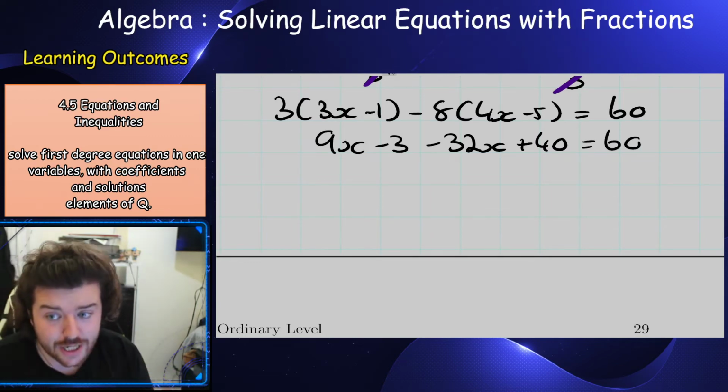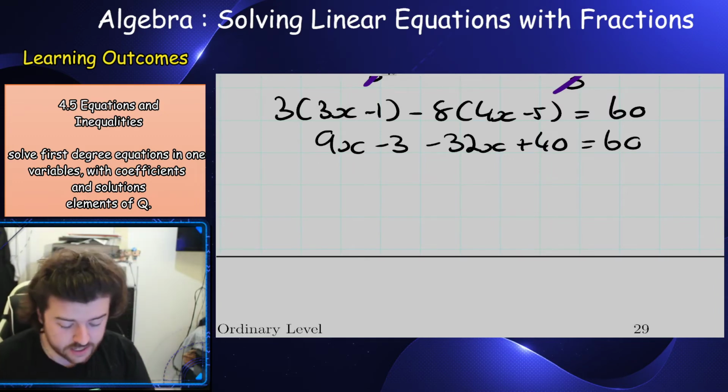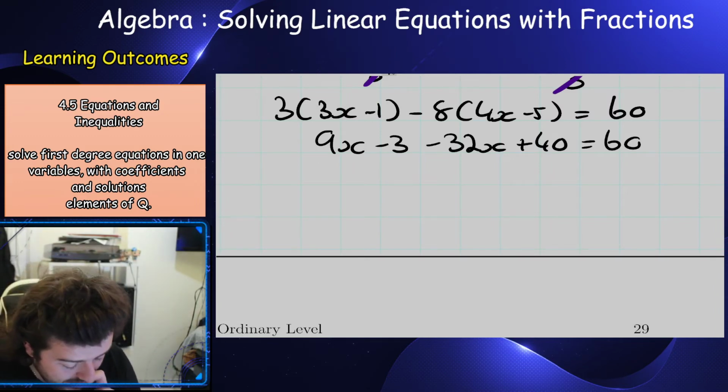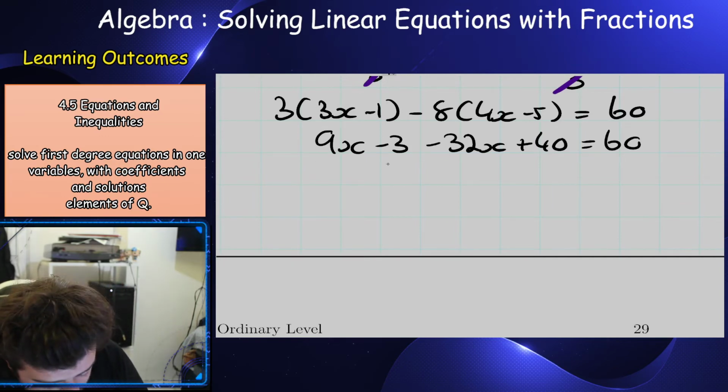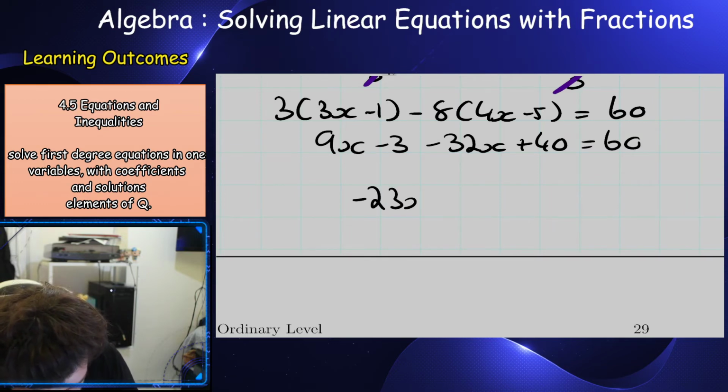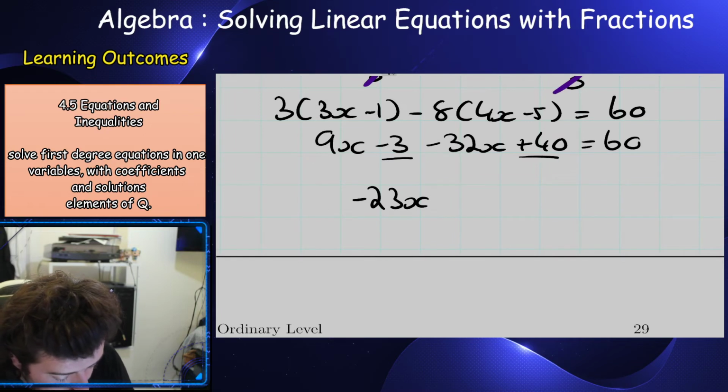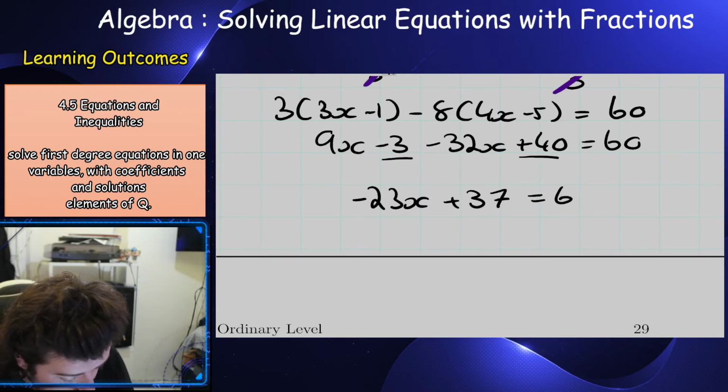So letters to the left, numbers to the right. All of my x terms seem to be on the left-hand side, so let me just simplify the left-hand side. 9x minus 32x is minus 23x. Minus 3 plus 40 is plus 37, which is equal to 60.